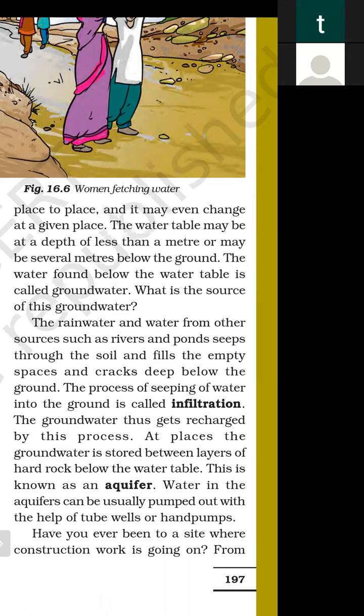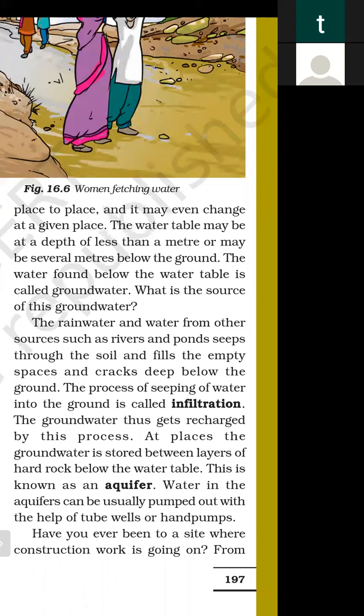An aquifer is the place where groundwater is stored between layers of hard rock below the water table. So below the water table there are hard rocks. These hard rocks can store underground water, meaning groundwater, and that place is known as an aquifer.